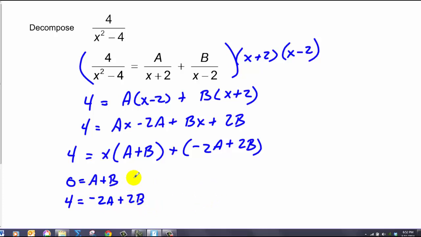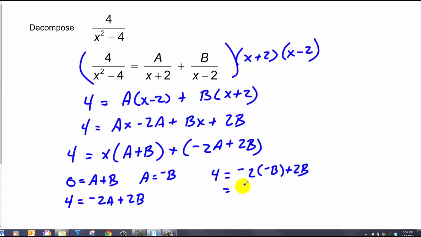In this case, I'm going to use a substitution. I can say a equals negative b and substitute in. So I have 4 equals negative 2 times, instead of a, I'm going to say negative b plus 2b.